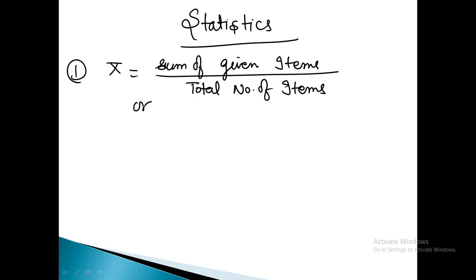Or you can say mean is equal to sigma x over n. This is used for individual series.